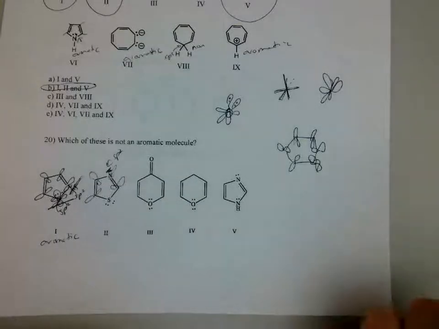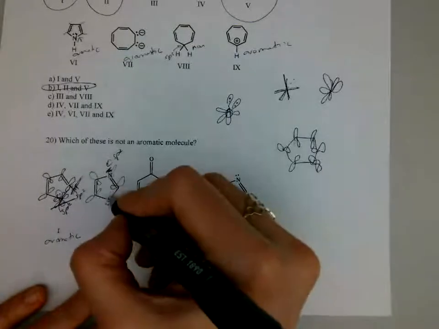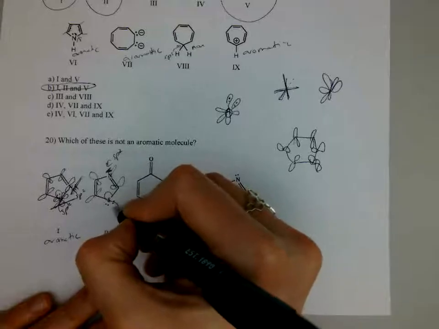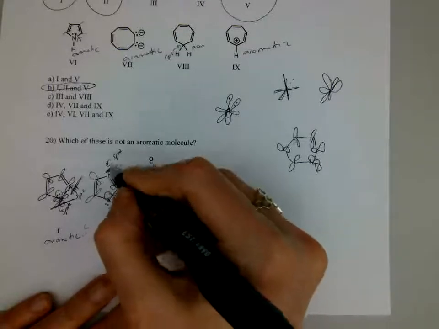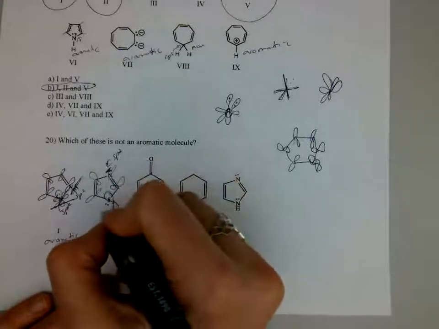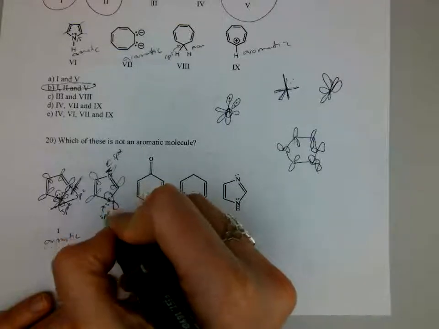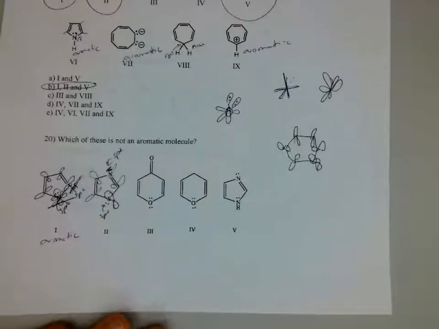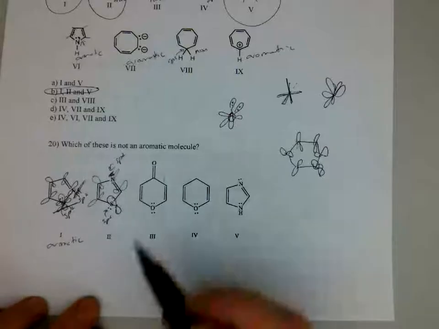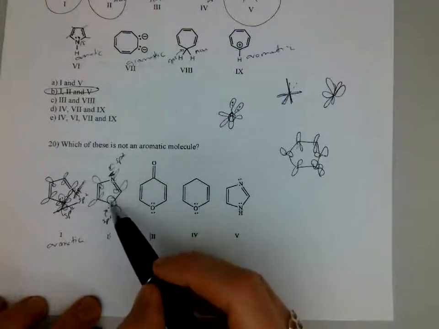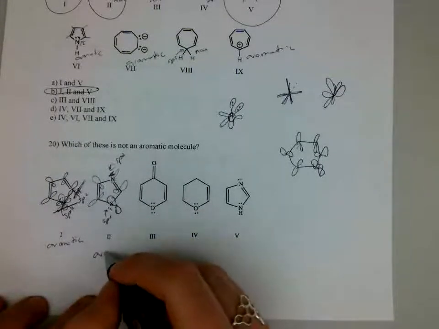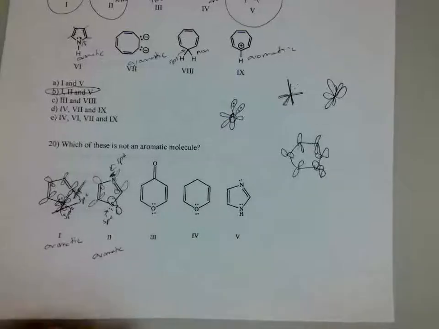It's not a pi electron for your 4n plus 2 pi. Same thing here. You can have one of these lone pairs be in this chain, and the other one is going to be sp2 hybridized. So this molecule would have 2, 4, 6. So this would also be aromatic.